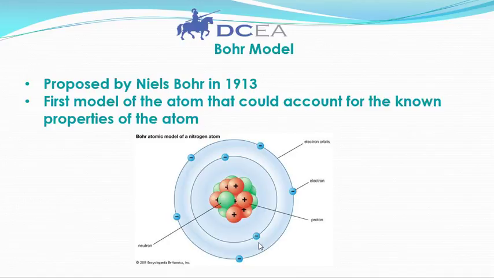So here's an example of a model of an atom. This is what we call the Bohr model. Until recently, this was thought to be a very good representation. Proposed by Niels Bohr in 1913, it was the first model of the atom that could account for the known properties of the atom.